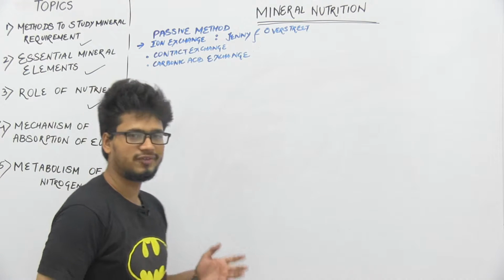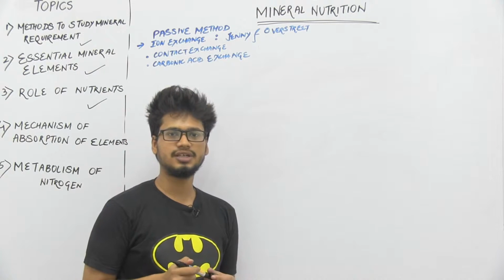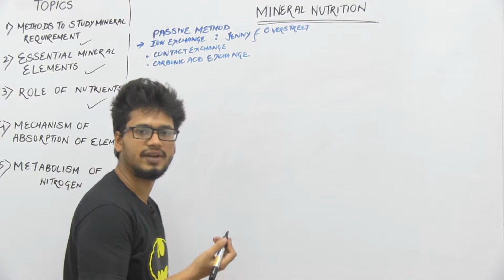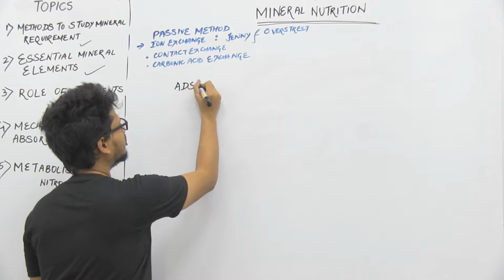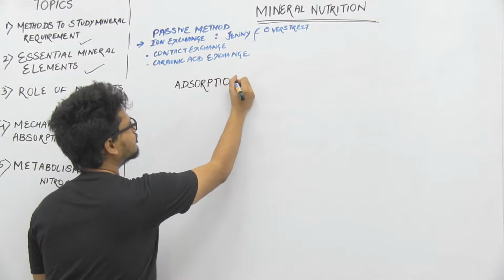So talking about the first method, that is contact exchange. Contact exchange में we are talking about a process जो physics में it's very useful, and that process is known as, you'll learn about it in chemistry, that is adsorption.